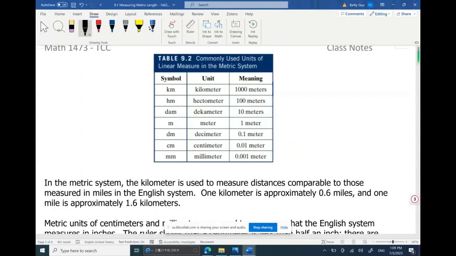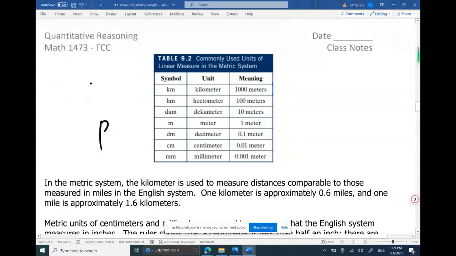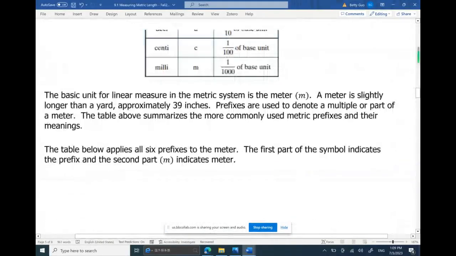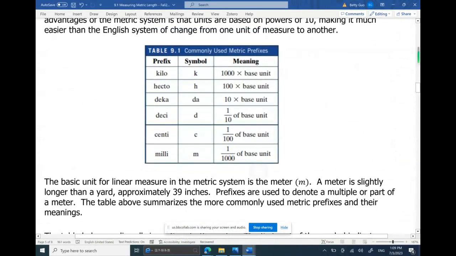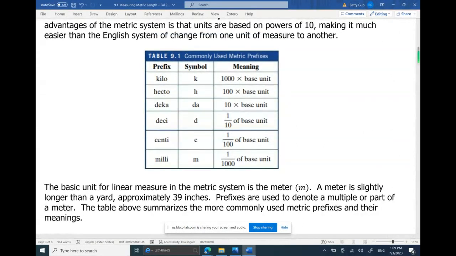What is the word called? Yeah, prefixes. Sorry. So K stands for kilo: kilogram, kilometer, kiloliter. Kilo means 1,000 times bigger than the base unit.